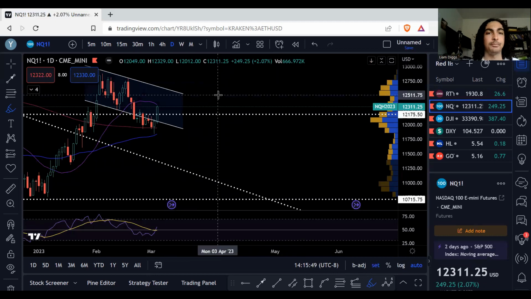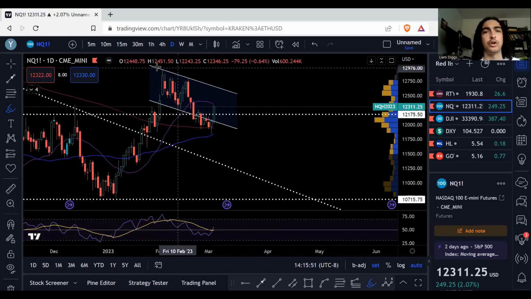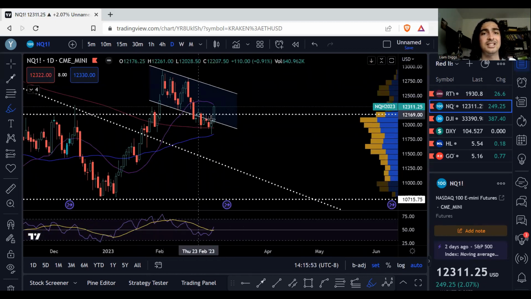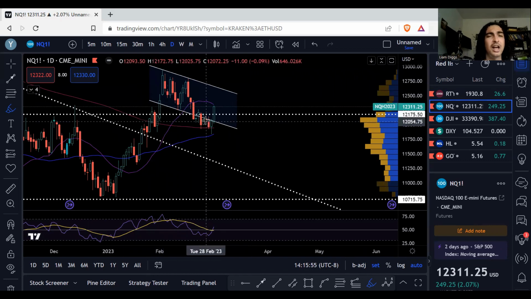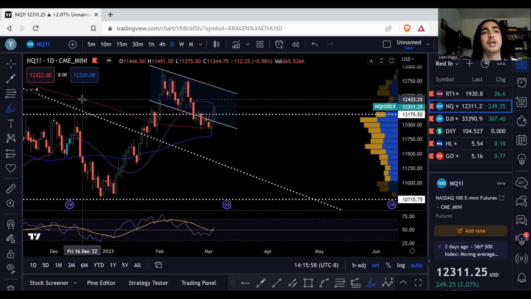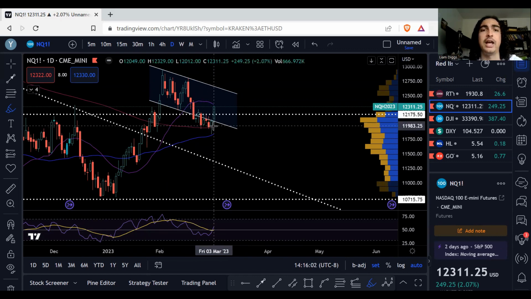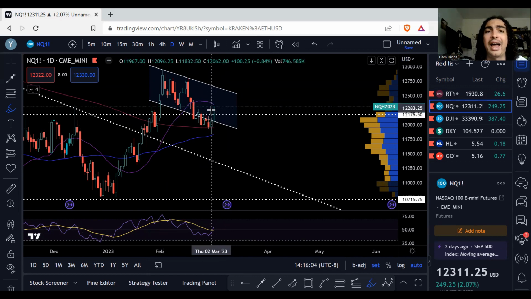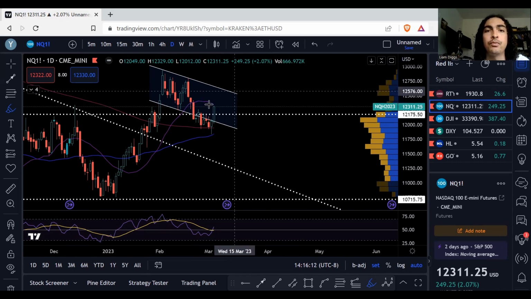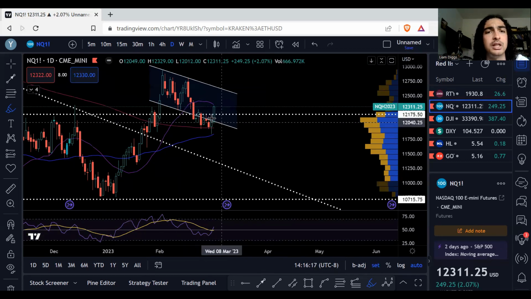Jumping over into the NASDAQ, kind of a similar story, still kind of in this descending channel here. You can see we kind of fell out the bottom of it a little bit, had a nice lift on our 200-day moving average, and then big day on Friday. And same thing like the Russell, having a little bit of trouble with the 20-day moving average. So whether or not we move back up to the top of this channel or get slapped back down to possibly this resistance line, possibly the bottom of our channel, keep an eye on those things.